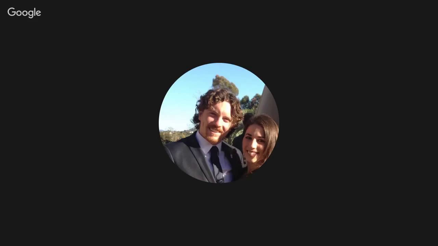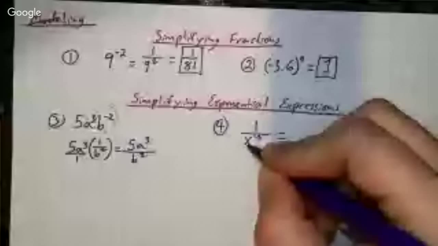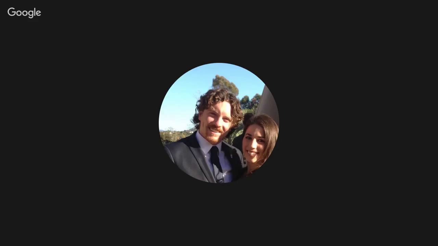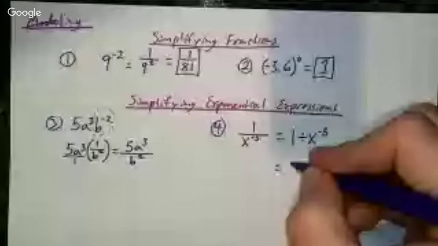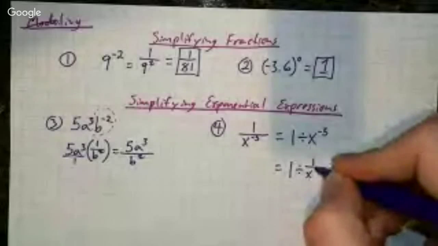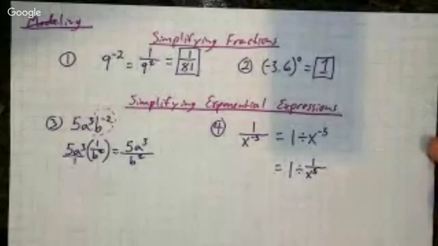It's the same thing as saying 1 divided by x to the power of negative 5. We know what to do. We would say 1 divided by 1 over x to the power of positive 5.